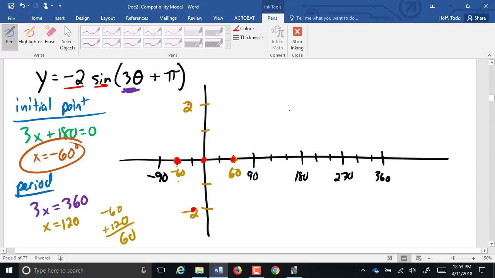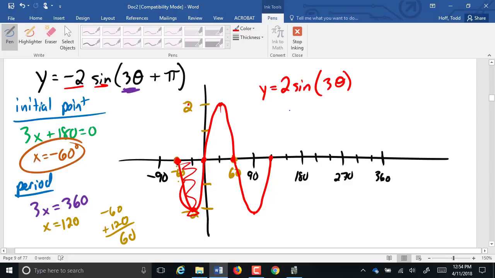This would normally be a trough, but the negative 2 means it's the peak. Now I should go one more half cycle at least, so I get a full cycle after 0. So again, this part normally wouldn't be displayed on the graph, but that's what it would look like. Because of the phase shift, it looks like it's just equivalent to y equals 2 times the sine of 3 theta. Does that make sense?